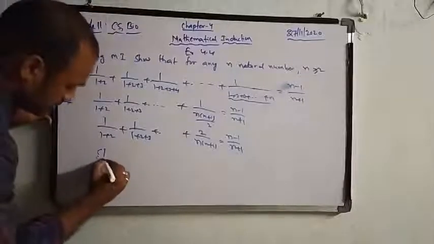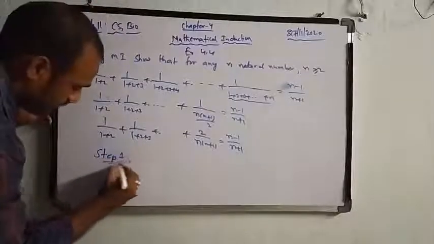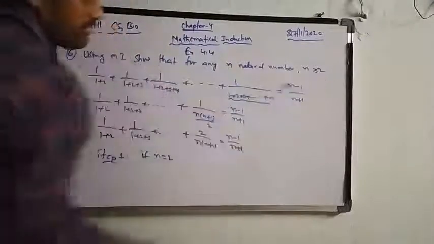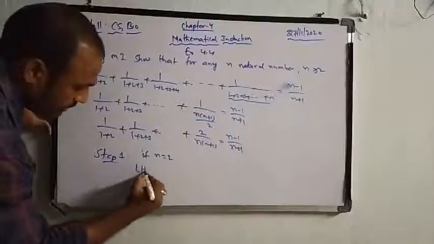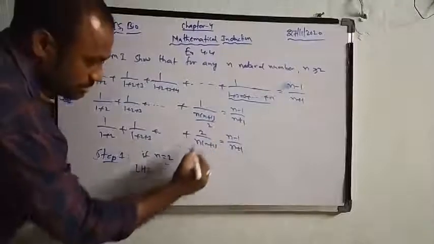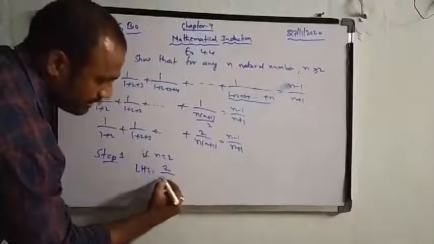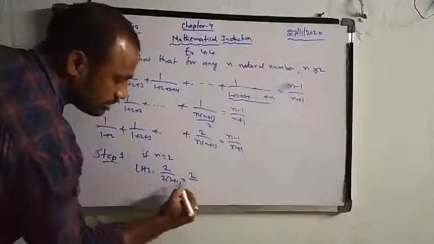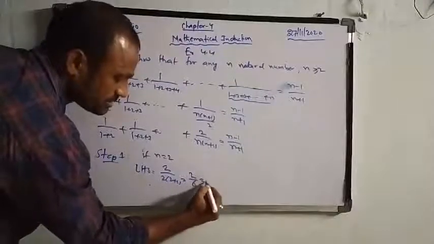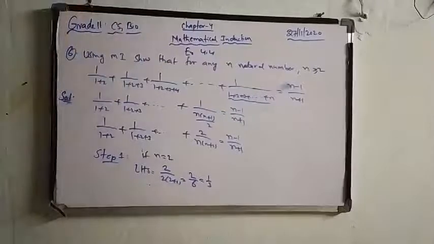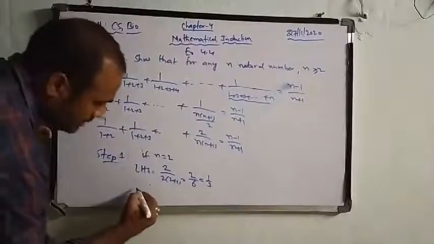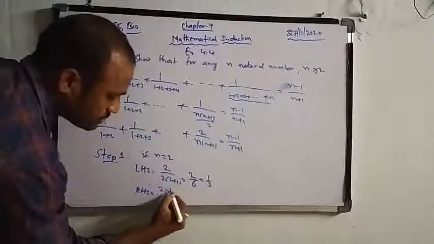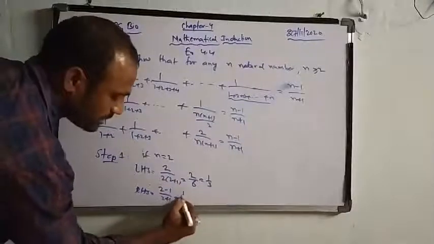So let us take the steps. Step 1: if n equals 2. Why are we starting from 2? Because the given condition is 2. For the left hand side, let us put 2 in this place. So 2/(2(2+1)), that is 2/(2×3), which is 2/6, that is 1/3. Next, the right hand side: (2−1)/(2+1), that is 1/3.